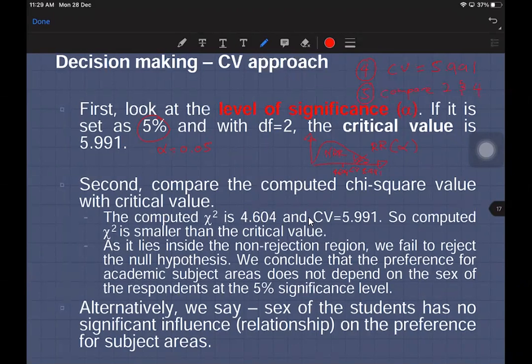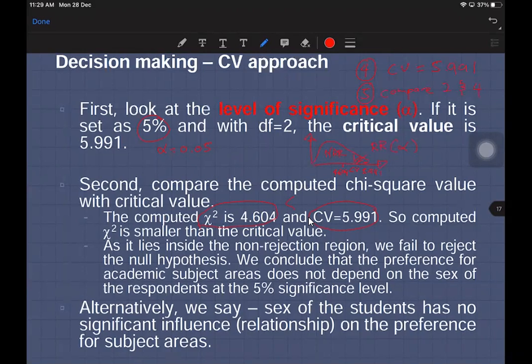So step number 2 gives 4.604, and step number 4 gives the critical value 5.991. The computed chi-square test statistic is smaller than the critical value. As it lies inside the non-rejection region, we fail to reject the null hypothesis.